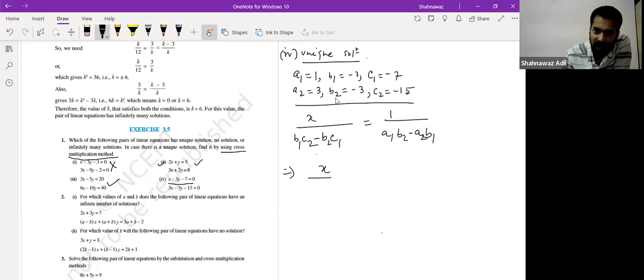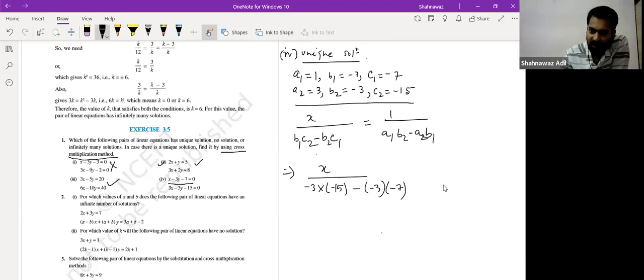So x by 1 minus 3 is minus 7, and 3 minus 3. So B1 is minus 3, and C2 is minus 15. Okay, so in this part we made a mistake, right? Yes, sir. So B2 is minus 3, and where is C1?